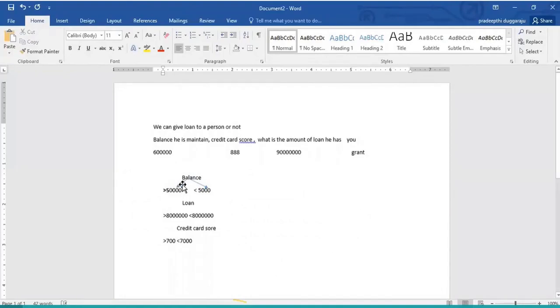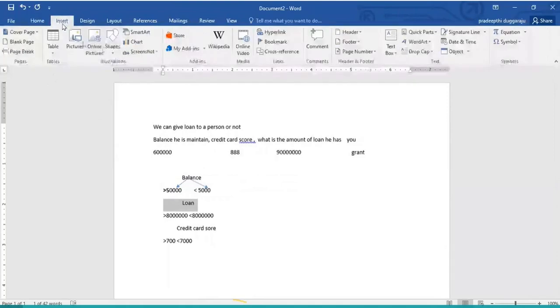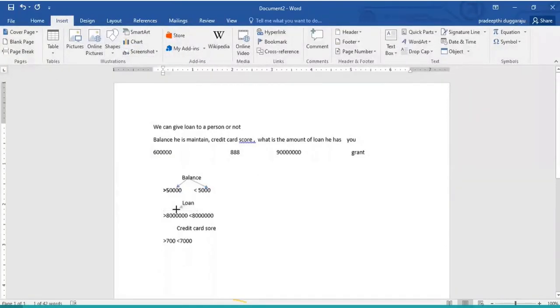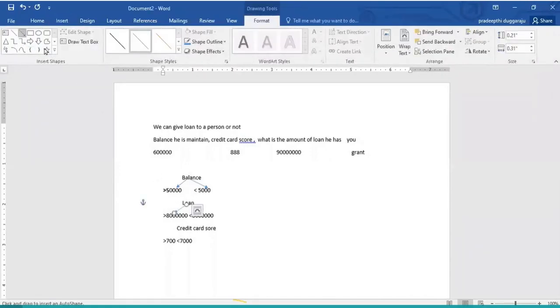As soon as it is greater than 50,000, immediately it is checking the loan. If the loan is greater than 8 lakhs, then it will check the credit card score.